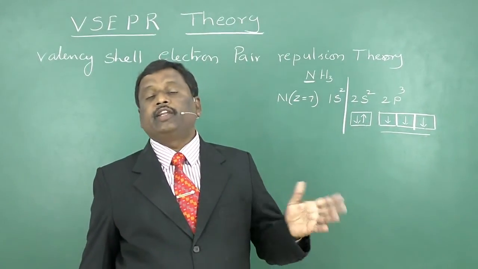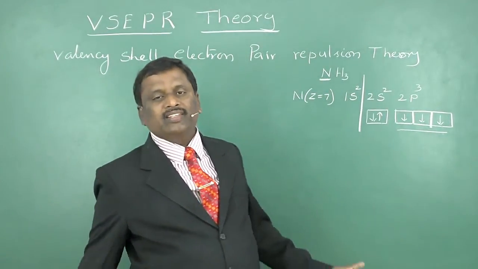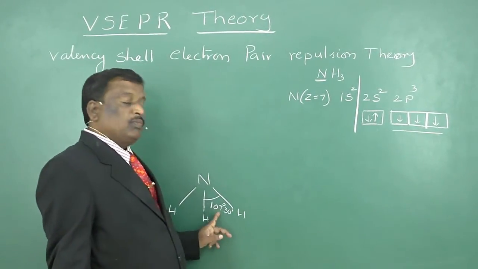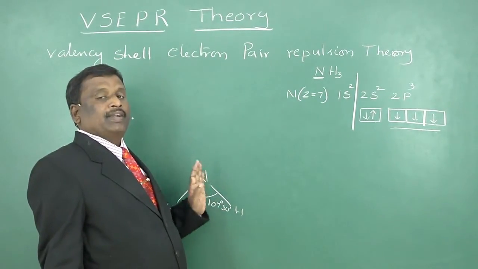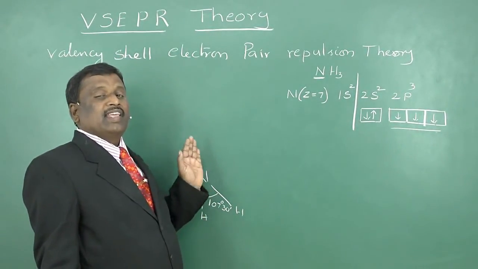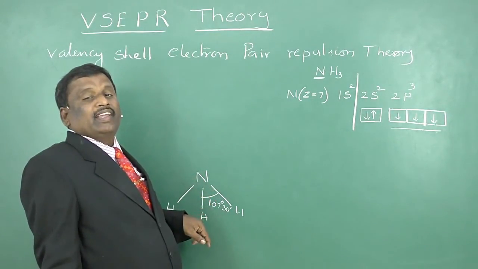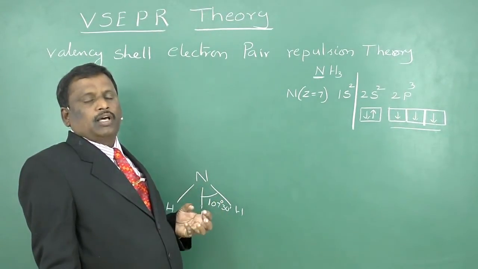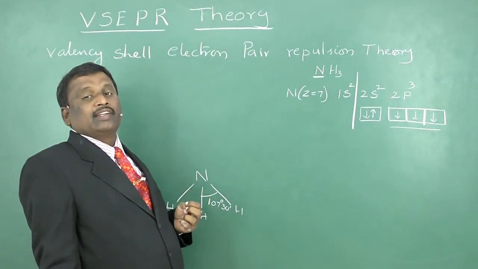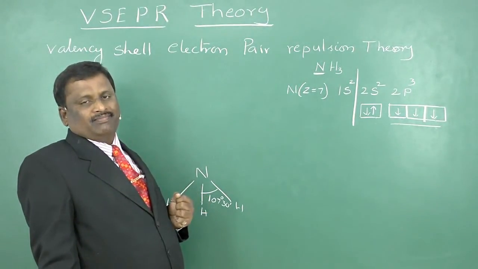If it is sp3d2, 90. None of those bond angles coincide with 107 degrees 30 minutes. But it is nearer to sp3 hybridization, 109 degrees 28 minutes, almost 2 degrees less than the tetrahedral shape of sp3 hybrid orbitals.